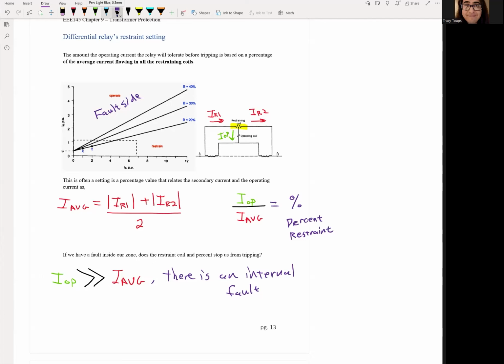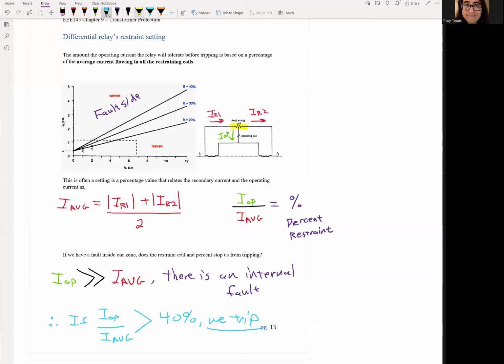And then we can make some rules. Let's make a rule: if this ratio I operating over I average, which is the percent restraint, is greater than 40%, we trip. That could be a rule I put in.